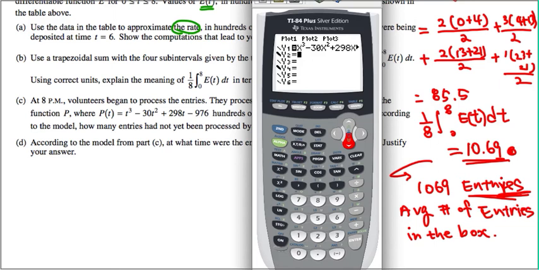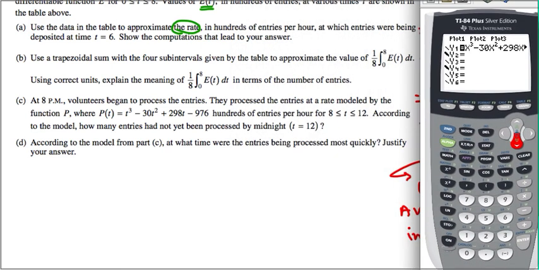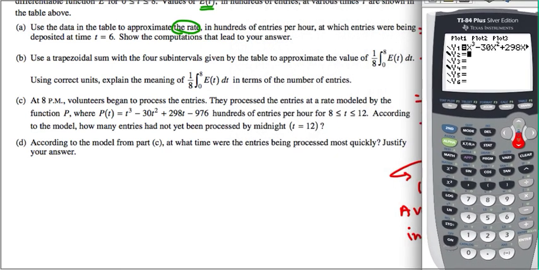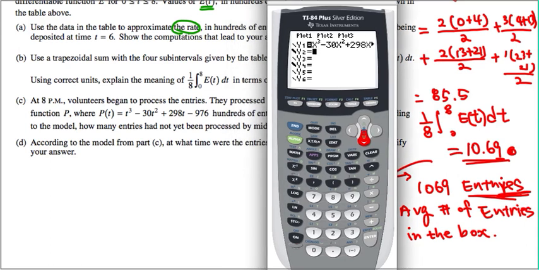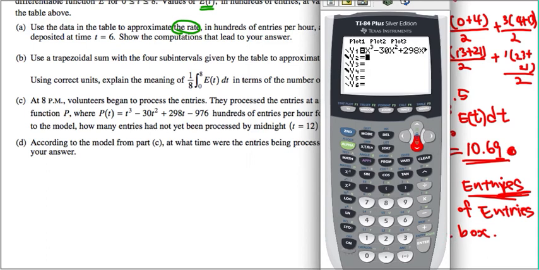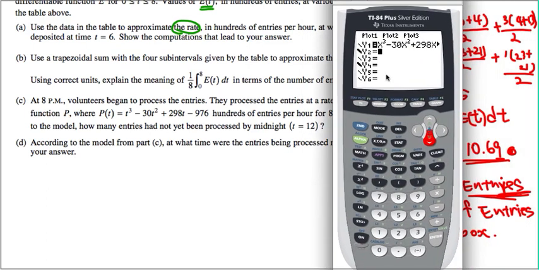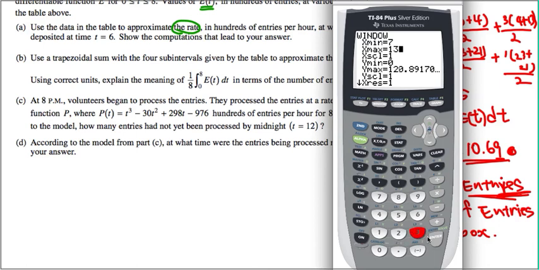We want to calculate how much has been processed at this point. That means our window has to contain 8 through 12, so let's put the window as 7 through 13, and go for zoom fit.